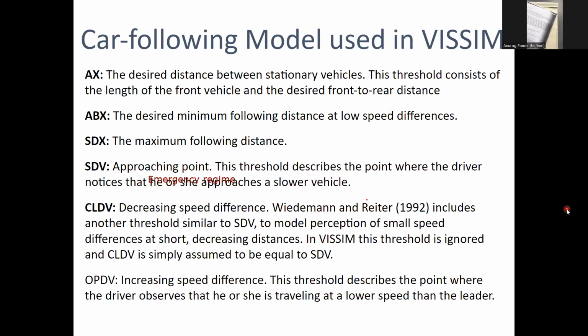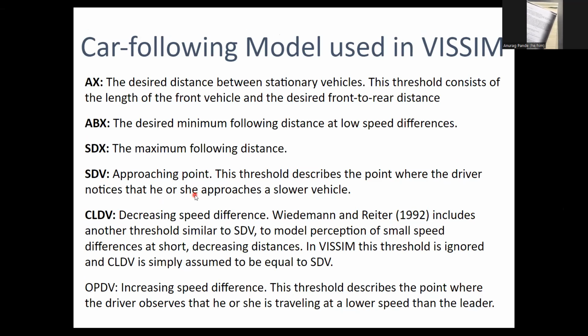Okay? So here are some definitions that you can see. AX is the desired distance between stationary vehicles. So we never want that AX threshold to be reached. ABX is the desired minimum following distance at low speed differential.